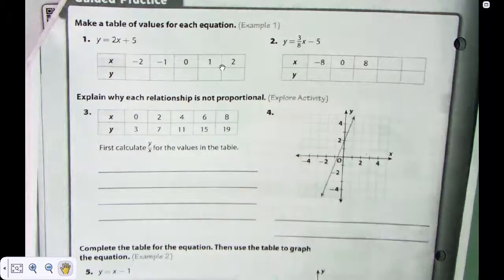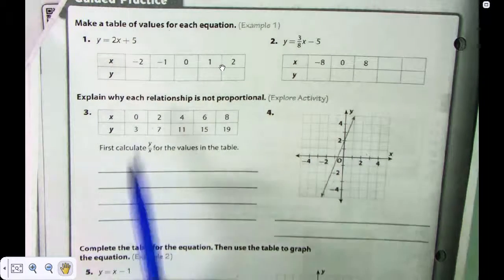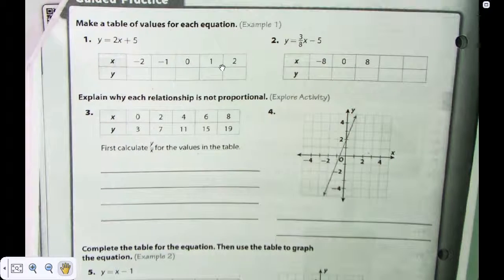Raise your hand if you can tell me why it is not proportional, by looking at the table. Megan? There you go.